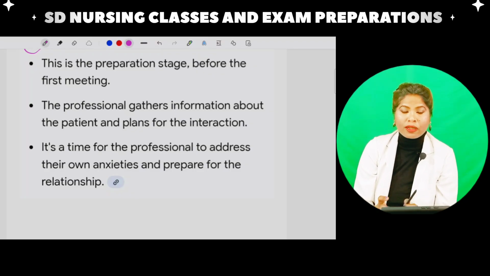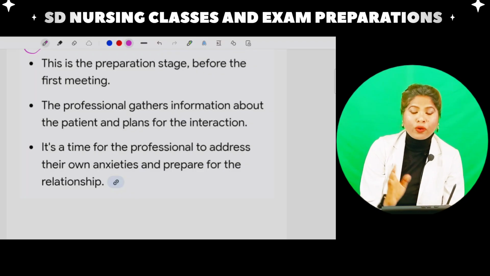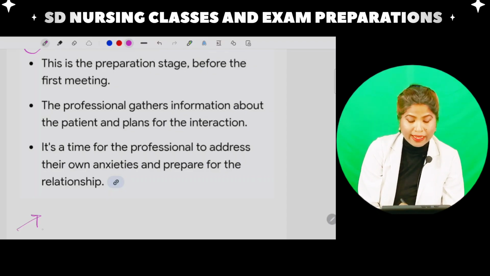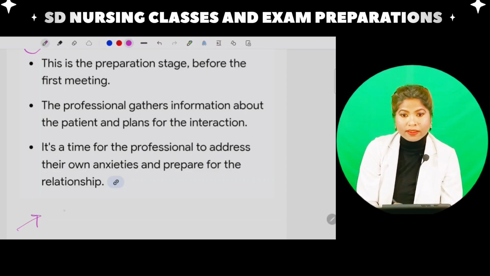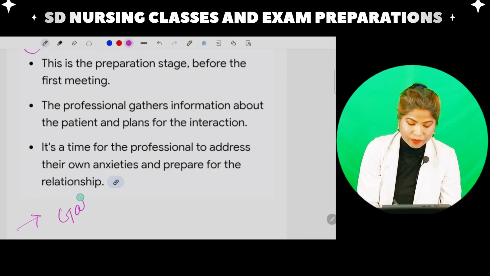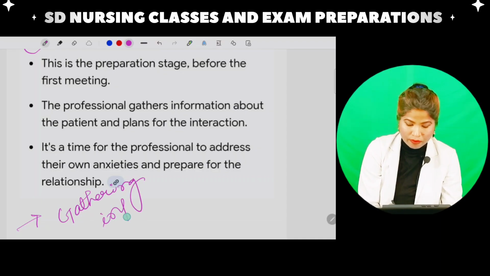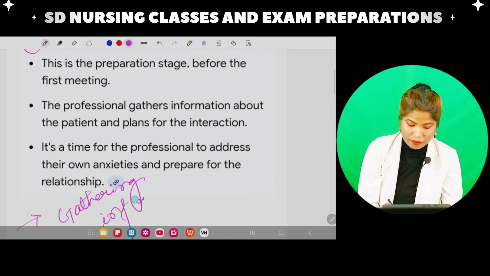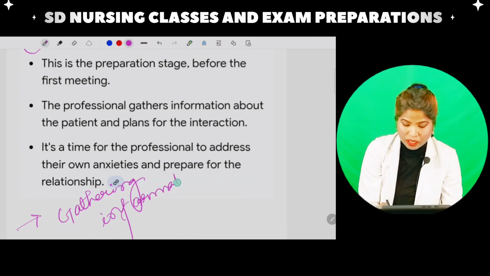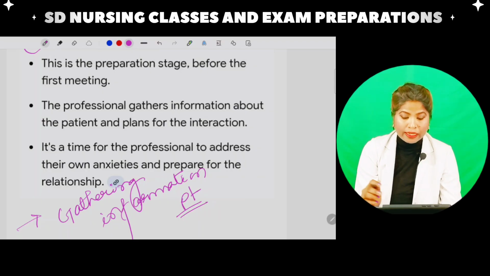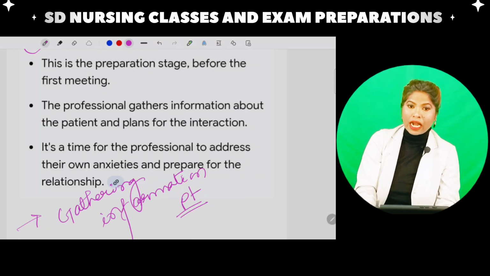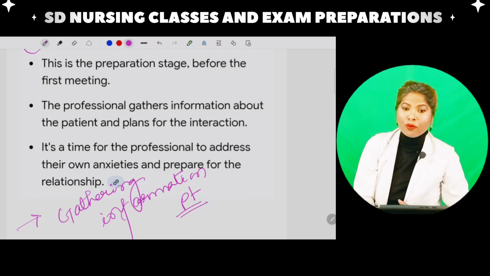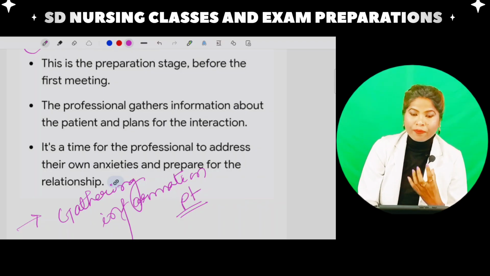Yes, at this time what happens? The nurse does not know anything about the patient and is just gathering information. Without knowing the patient, how will the nurse deal with him?